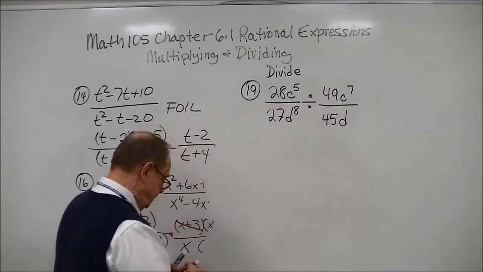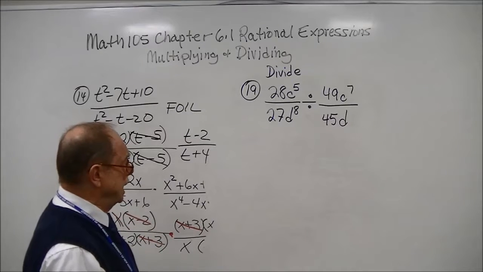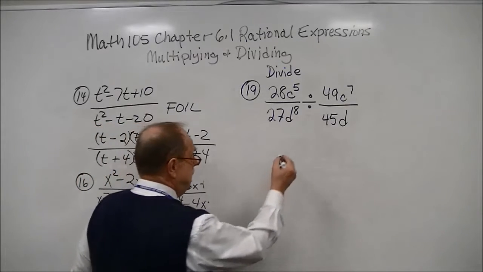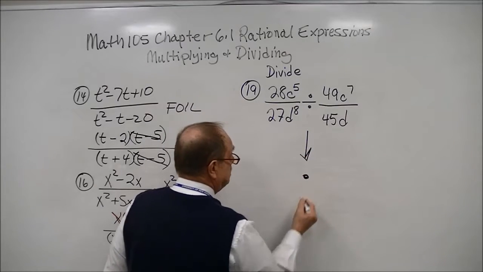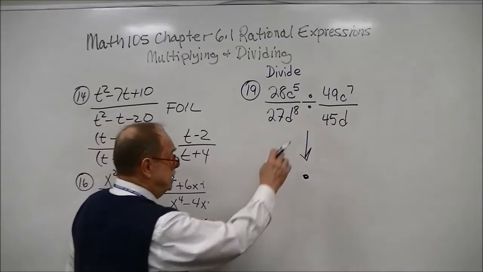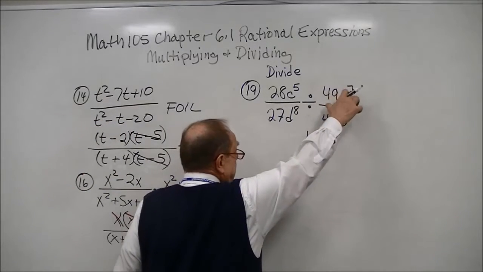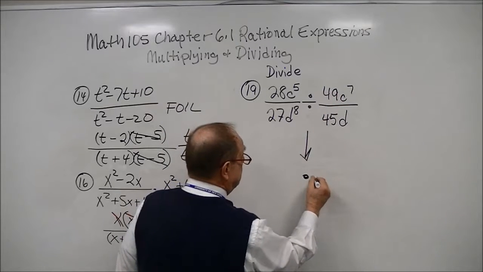Now, in division of fractions, there's a general rule that we follow. And that basic rule is we change all division of fractions to multiplication of fractions. And that's done by taking the second term and using its reciprocal, or just flip it over.